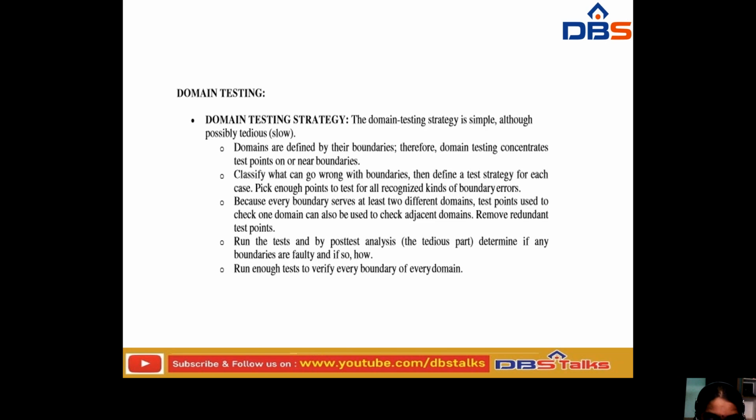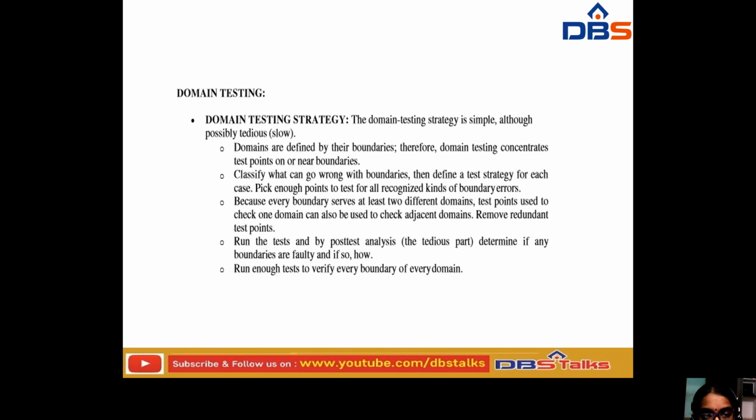Next, run enough tests to verify every boundary of every domain, so that we can determine which boundaries have faulty behavior.